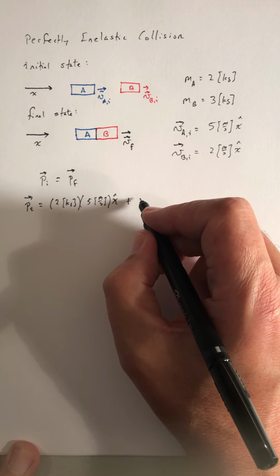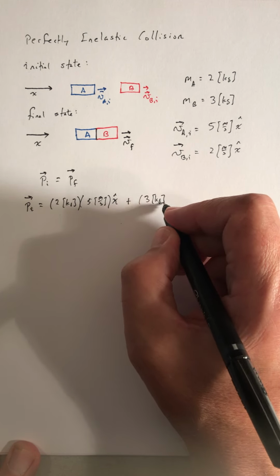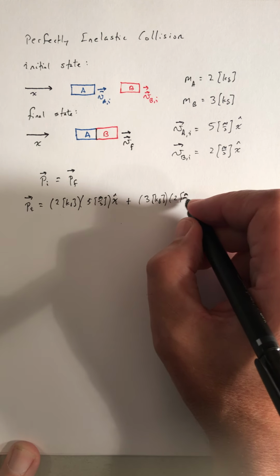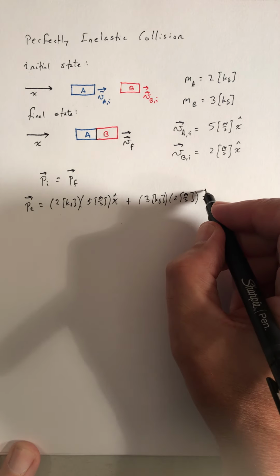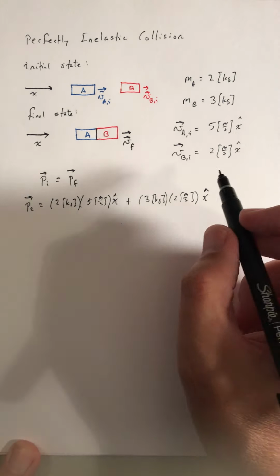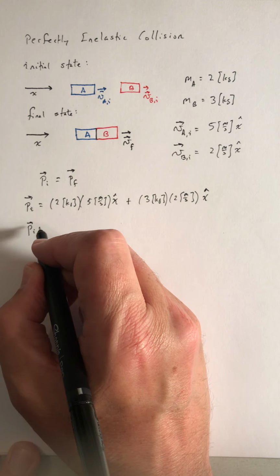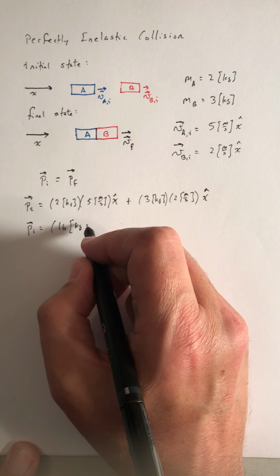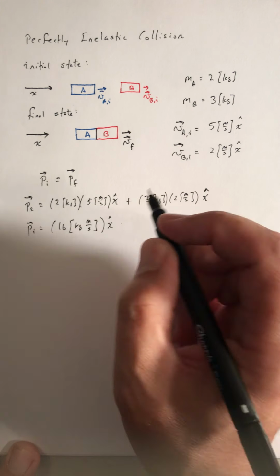And then for the initial cart B, it's a little heftier, 3 kilograms, but moving slower, so it gets overtaken, at 2 meters per second. And that's going to be 10 plus 6. It's going to be 16 kilogram meters per second along the x direction.